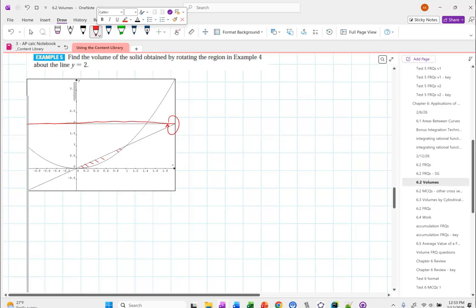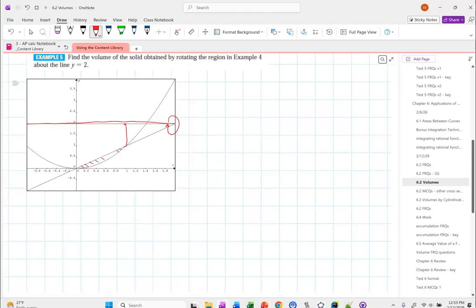I'm looking at the axis of rotation, right? So from there is going to be the center of a circle. So it should extend 1 unit down, so it should match 1 unit up. So that's my circle. Here I have, again, the center of my circle, so I've gone 2 units down. So it should extend 2 units up. The inner function was this straight line, so that should be the inner edge of my funnel.